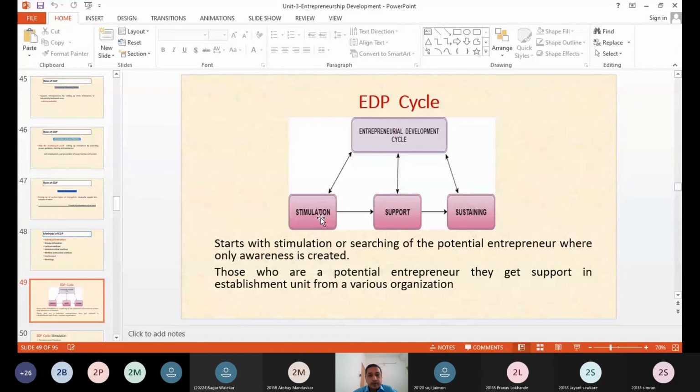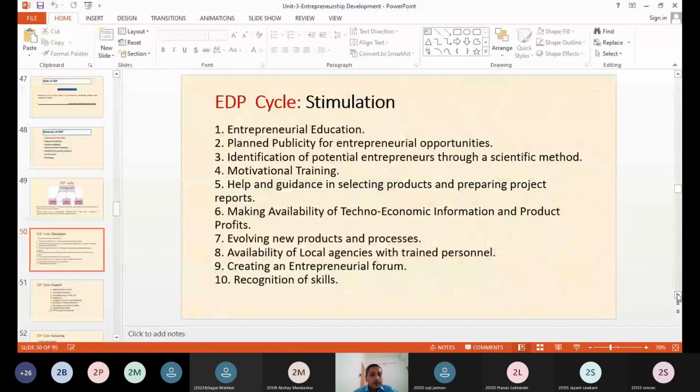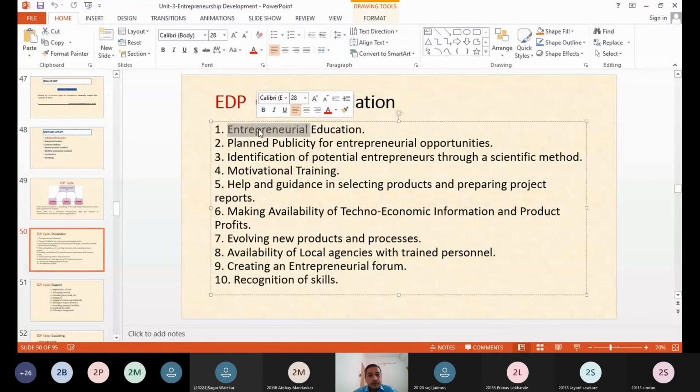The first phase of the EDP cycle is stimulation. Here the entrepreneurial education is planned, the importance of entrepreneurship and education related to entrepreneurship. Then planned publicity for entrepreneurial opportunities.